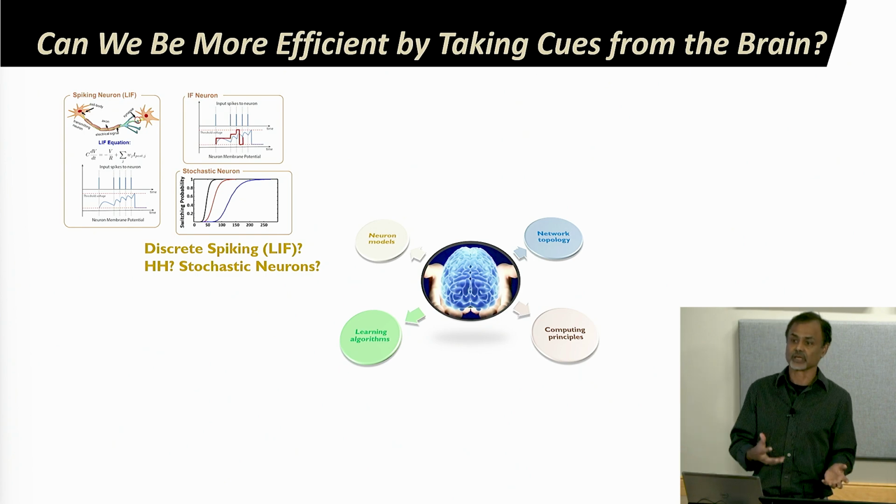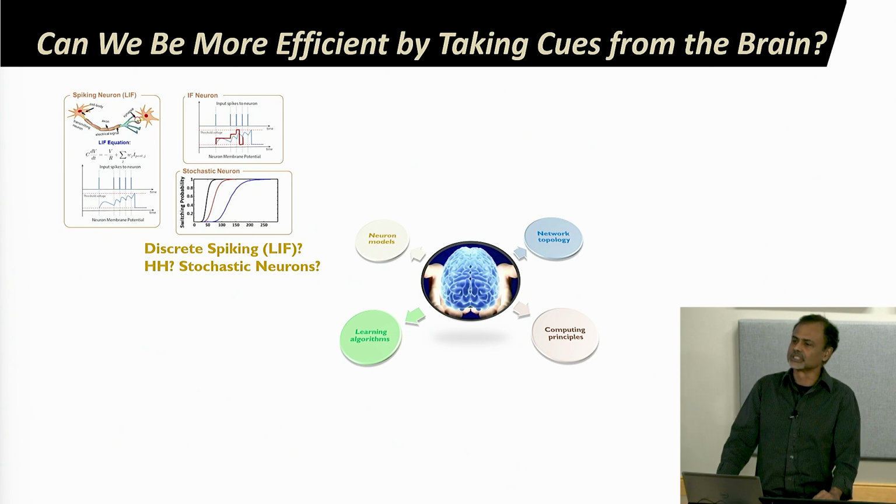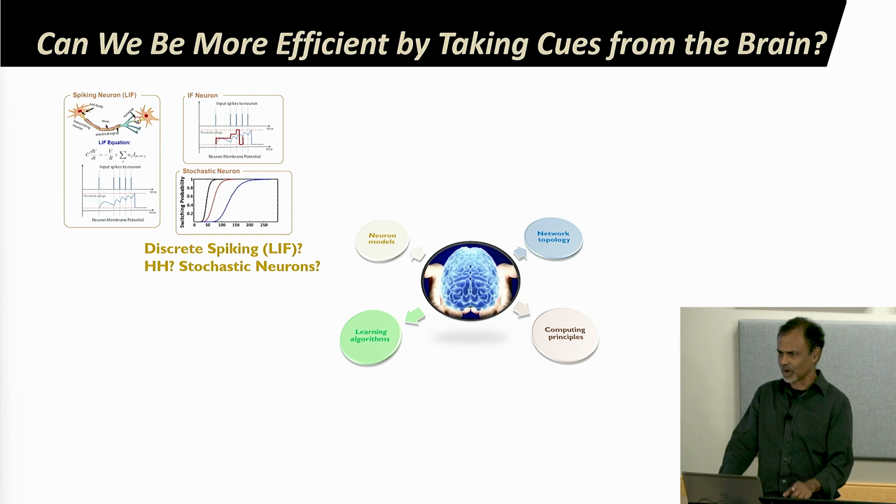And if we make it even more bioplausible, we probably have to use the Hodgkin-Huxley model and so on. Now, in some of those cases, unfortunately, we don't really know how to utilize all the details of the Hodgkin-Huxley model. So maybe it makes sense to make some approximations and use a leaky integrate-and-fire neuron or an integrate-and-fire neuron, and we'll go into that in the next few slides.